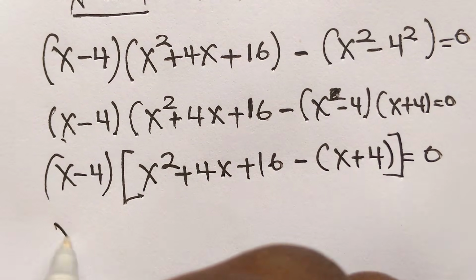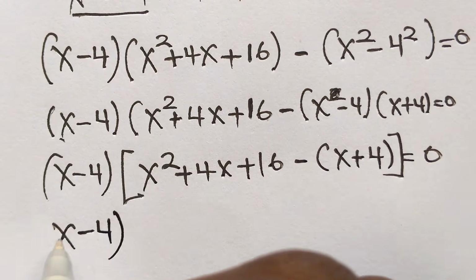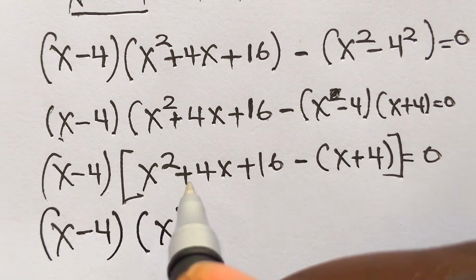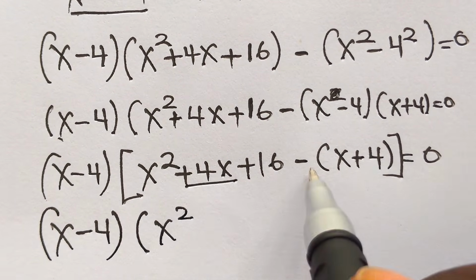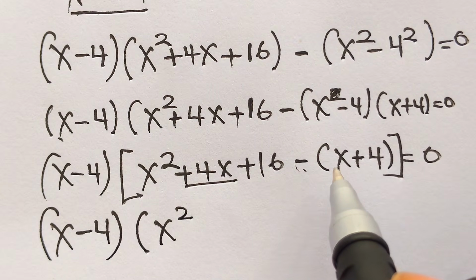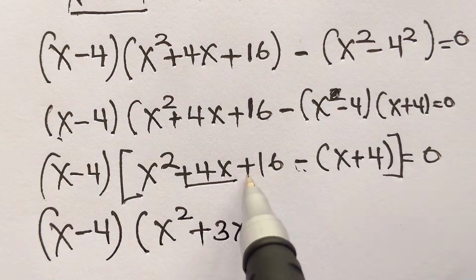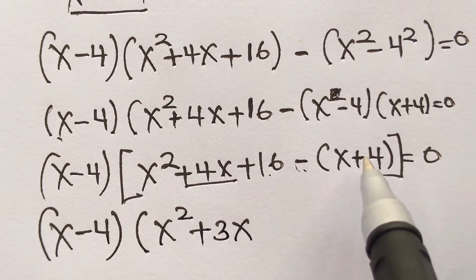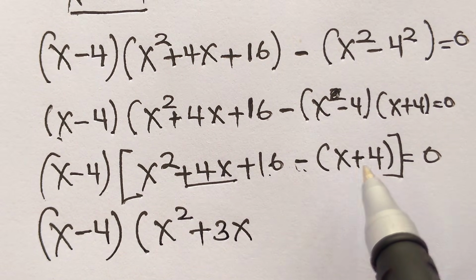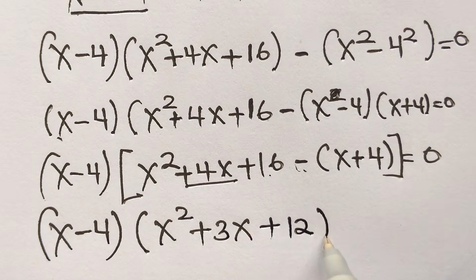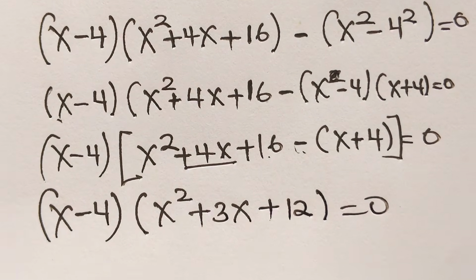Then we have x minus 4, open bracket of x squared, and here we have 4x minus x, we shall get plus 3x, and 16 minus 4, we shall get plus 12, which is equal to 0.